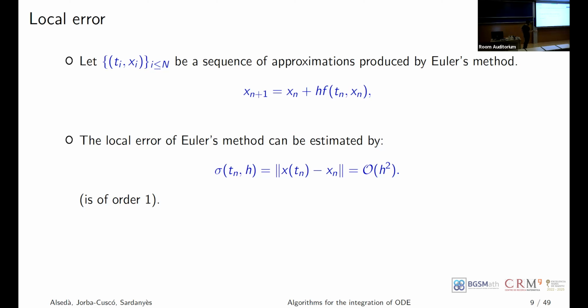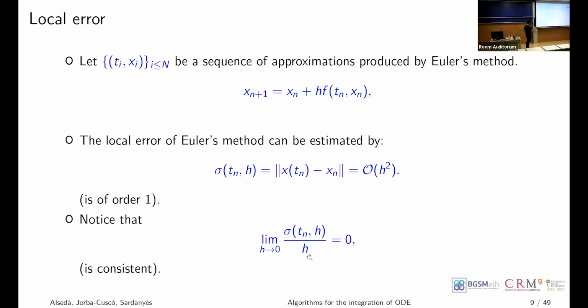Another observation, and this is to pose some jargon, is that this order, this is trivial by the way, when you divide it by h and make h go to 0, this quotient goes to 0.